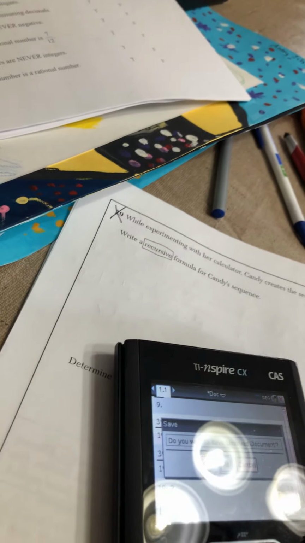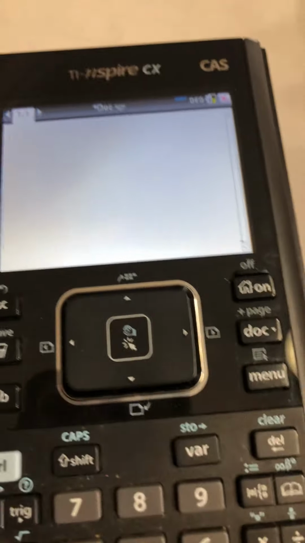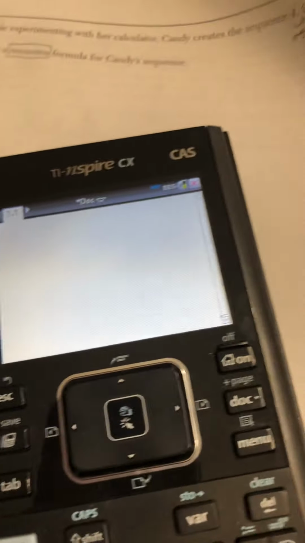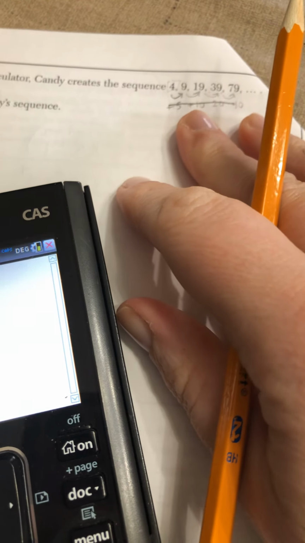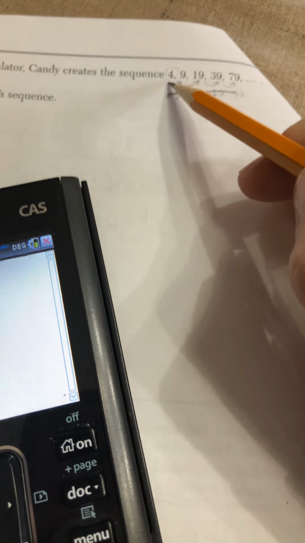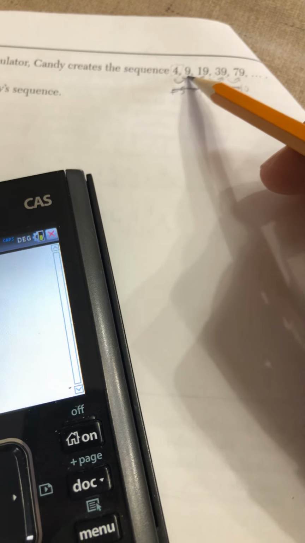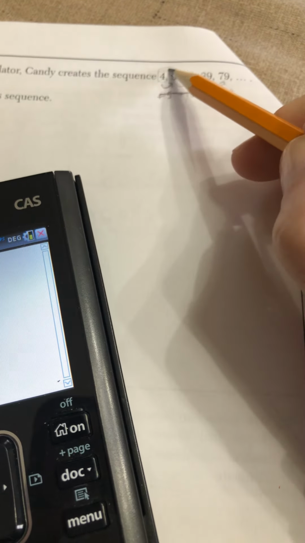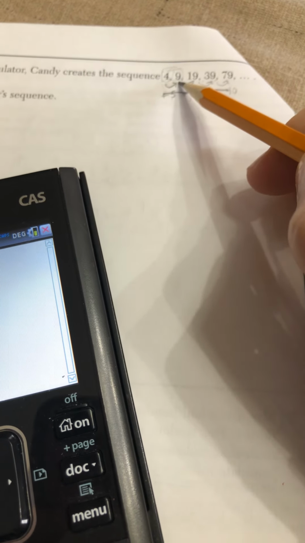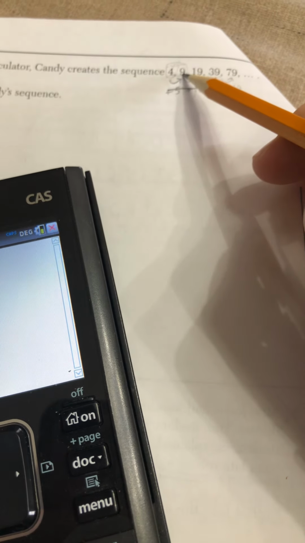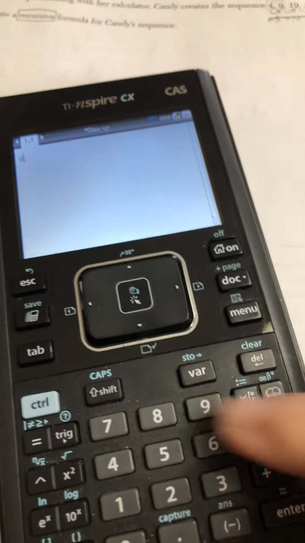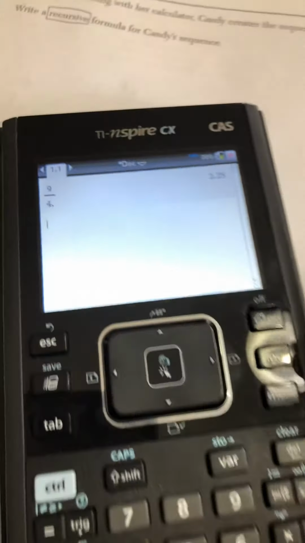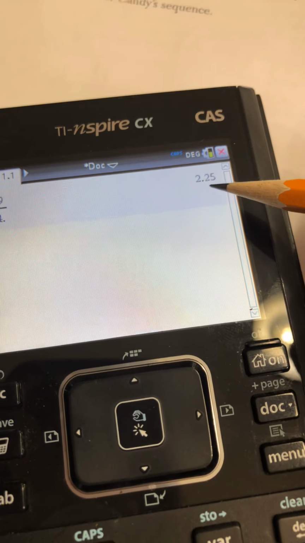So the way to find what number you multiply, because clearly 4 times something is not 9. 4 times 2 is 8, so I know it's going to be a little bit bigger than 2. What you do is you take 2 numbers right next to each other and you just divide them. Take the number further along in the sequence divided by the number right before it. So if I do 9 divided by 4, this is called my common ratio.